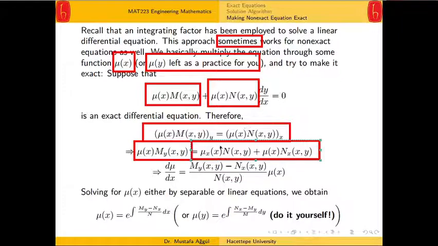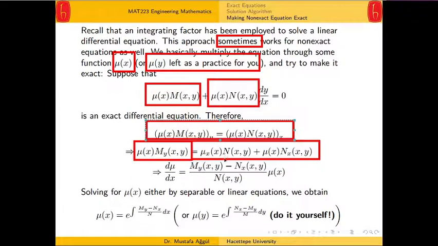If we solve this equation for the x derivative of mu, we end up with this differential equation. We move this term to the left with a minus sign, and then divide everything by the N function, and mu of x is common, so there is a product here.